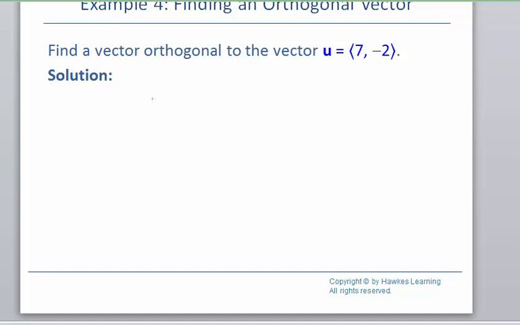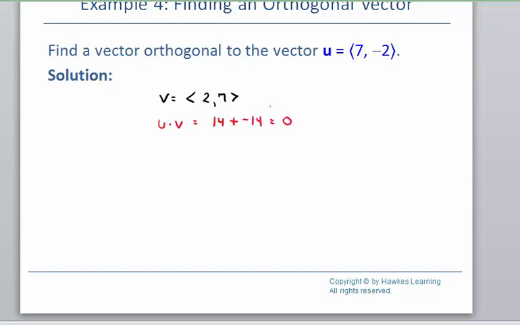One answer would be the vector 2, 7. Okay, and I know that because I'm using these same values and switching them around a little bit, but look at the dot product when I do that. If I do u dotted with v, I multiply my first components, so that's 2 times 7, and then I multiply my second components, 7 times -2, which is -14.